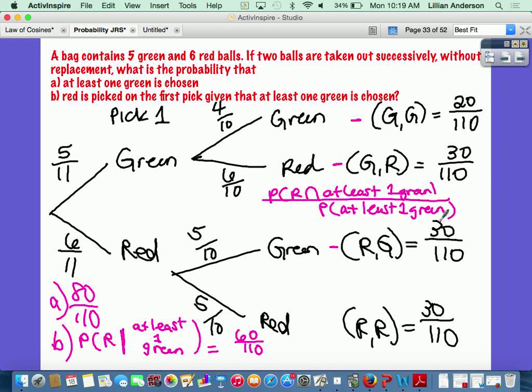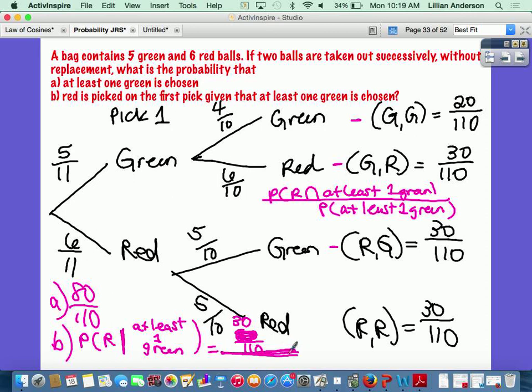So basically, I'm plugging it into the formula. I'm looking for the intersection between red and at least one green. And then I'm going to divide it by the probability that I get at least one green. And so then that'll take care of it being on, oh, I'm sorry. Red pick first. Sorry. So you guys were right. 30.